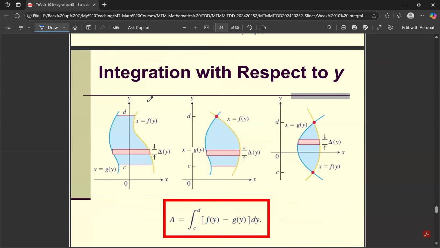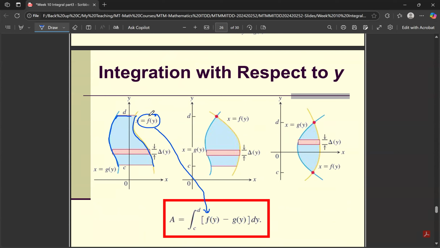Sometimes our regions can be more easily counted by using the y-axis. Before, we said this is the upper function.